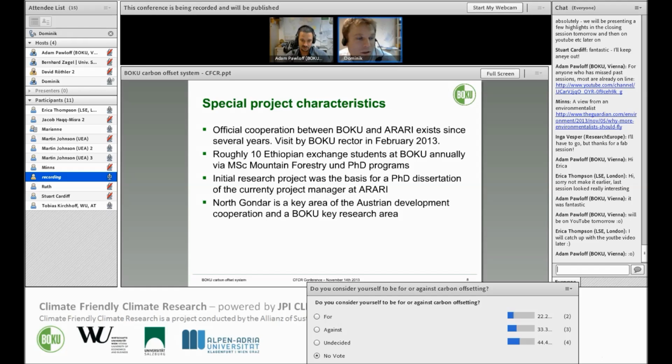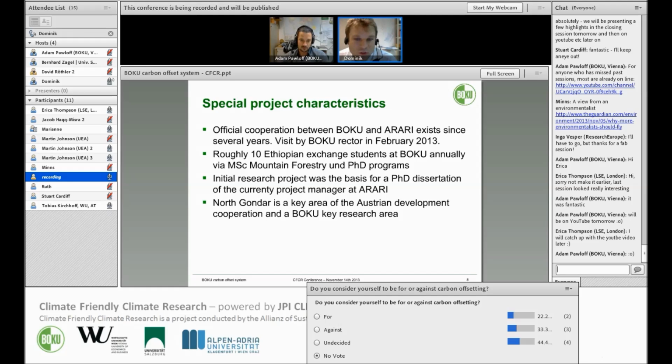There's a special field, mountain forestry, where many international students are coming and many Ethiopians are coming, and also some tree programs where they're participating. So this helps a lot to support the scientific basis of the project, and also some Austrian students go, of course, from time to time to Ethiopia for their PhD programs.